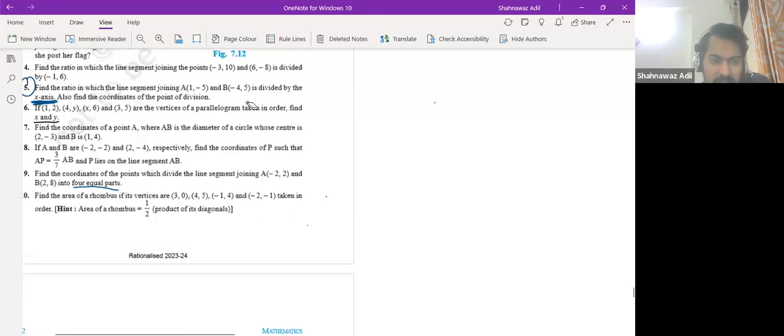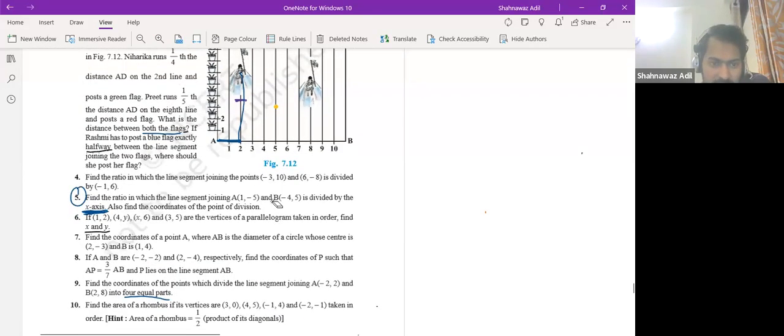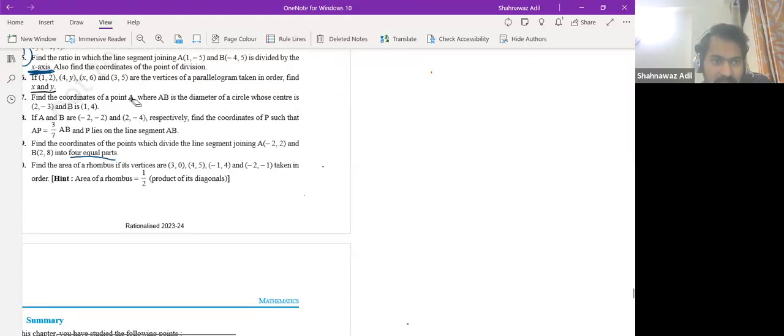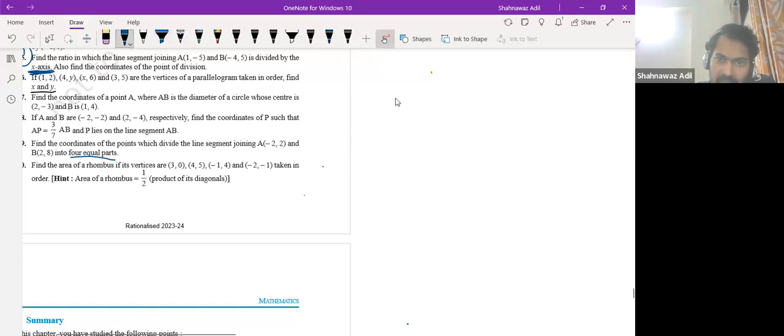Find the coordinates of point A, where AB is the diameter of the circle and the center is given, and B point is given. So firstly, we have a circle, and this is not looking like a circle, but yeah.